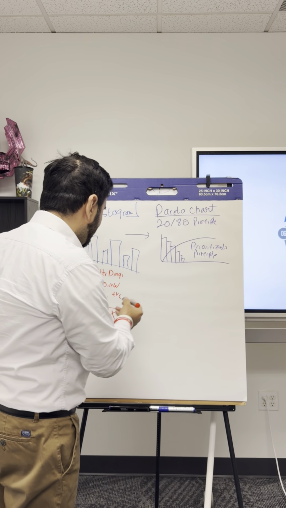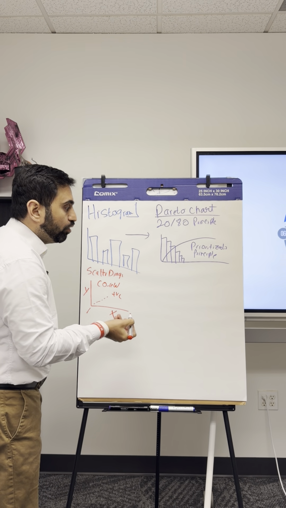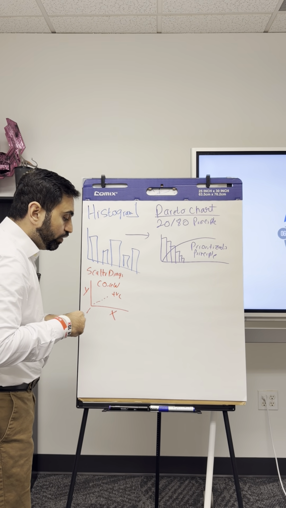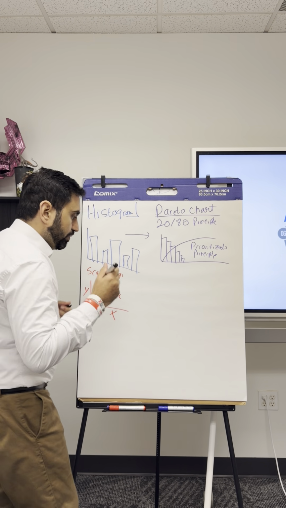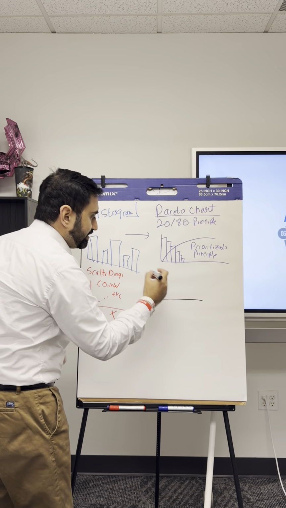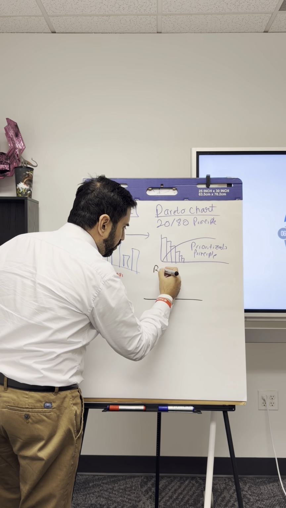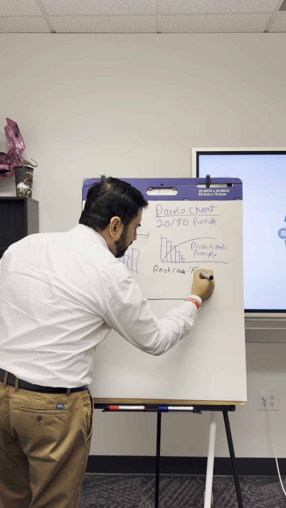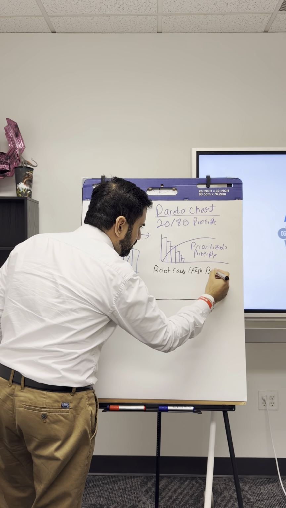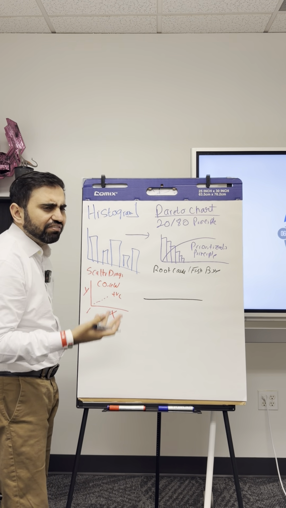And once you have identified that maybe X is the most important, then what do we do? We use root cause analysis, which has many names: root cause, fishbone, Ishikawa, why-why, multiple.